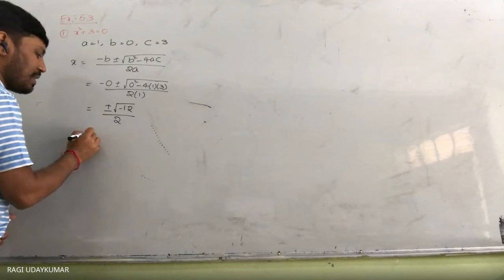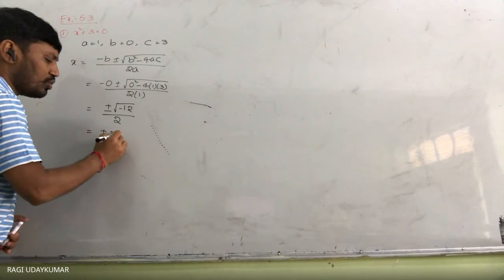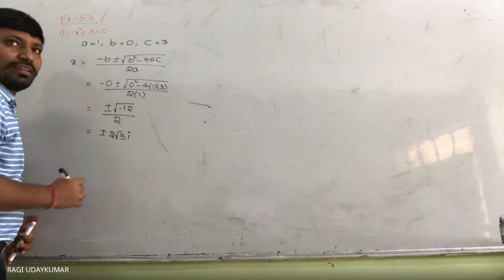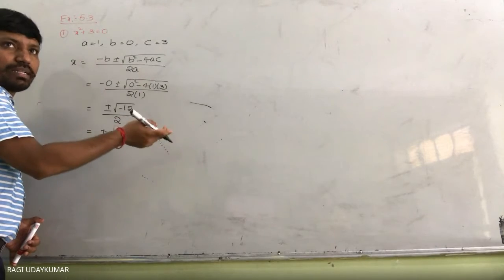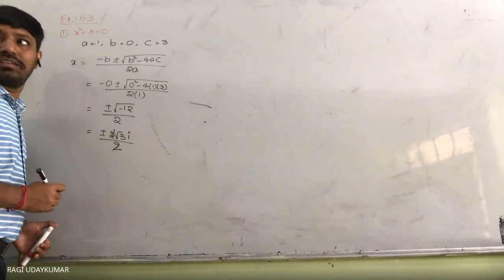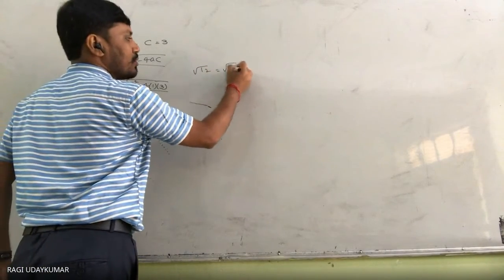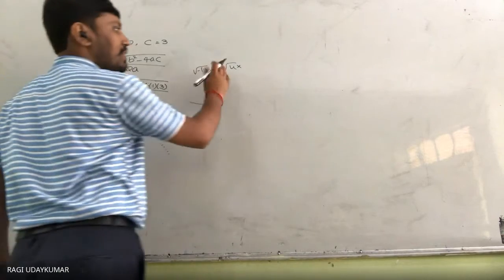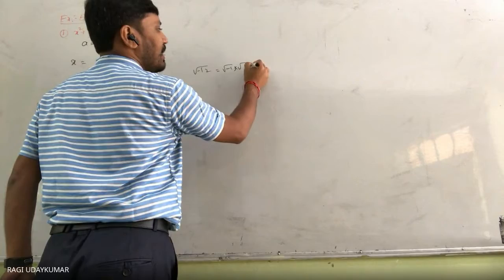So you can write it as plus or minus 2 root 3 i, by 2. Root 12 is root 4 into root 3, and I am writing root of minus 12 as minus 1 into root 4 into root 3.